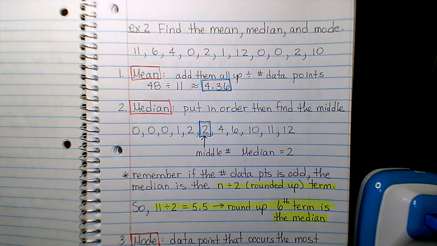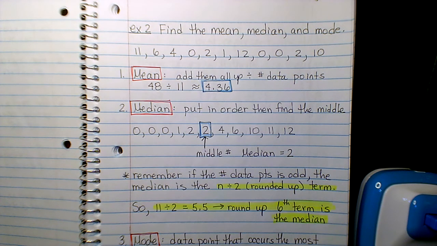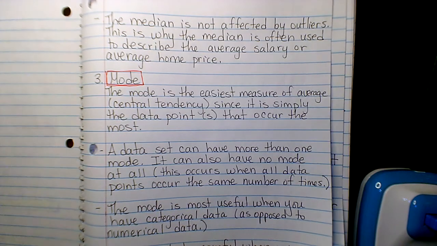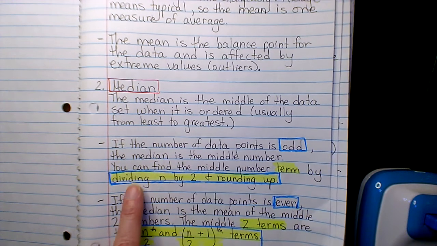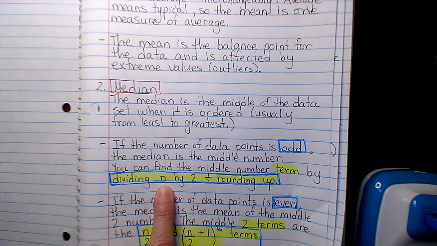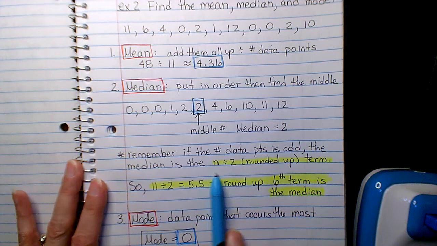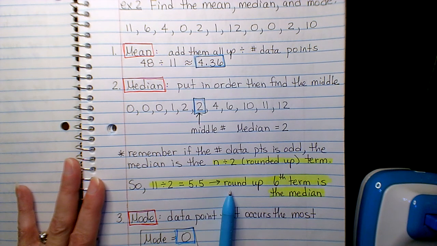That's the median. Now, the number of data points here is odd. There's 11 data points. So remember over here where I said that if the number of data points was odd, then the median was n divided by 2 and round up. So n divided by 2, that's 11 data points divided by 2 is 5.5, round up.